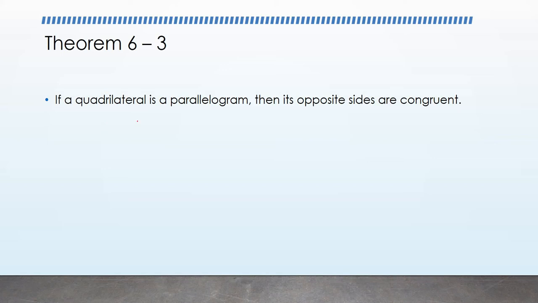So I'm going to do a quick proof of this. You don't have to be able to do this, but given parallelogram ABCD, we want to prove that AB is congruent to CD, and BC is congruent to DA.